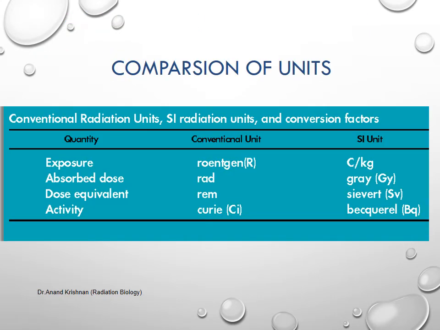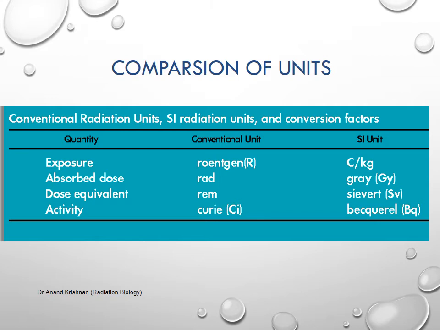To go on with it, we already saw the conventional and the SI units, the standard international units, for exposure, absorbed dose, dose equivalent, and radioactivity in the radiation physics class. We'll just go through it quickly again. For exposure, the conventional unit is Roentgen, and the SI unit is coulombs per kilogram.